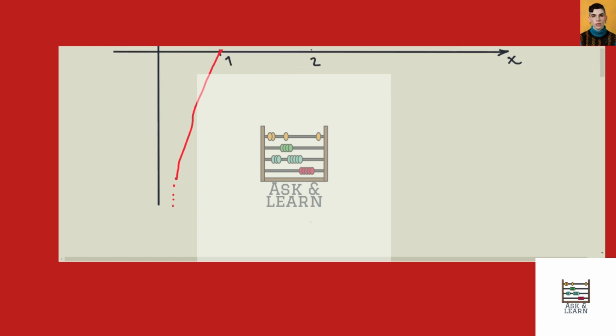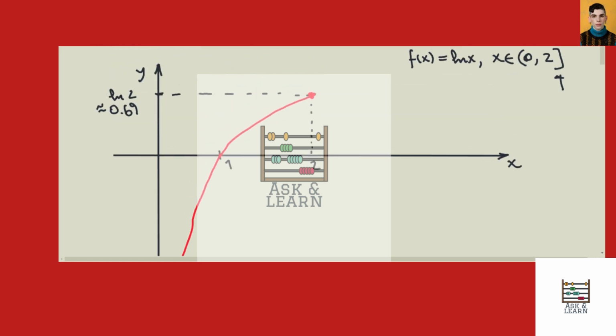Okay, so this is the behavior, and now we can get from this graph that the graph of the function has a highest point here. So f has an absolute maximum value.